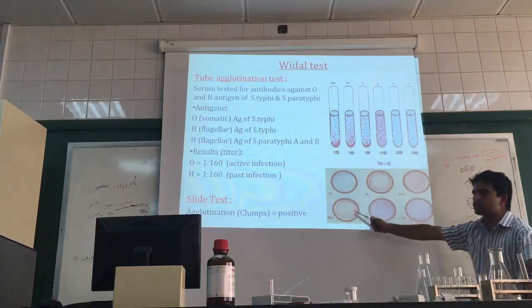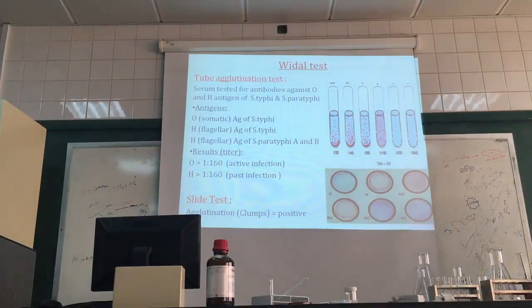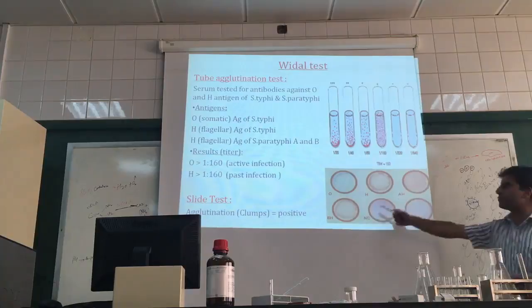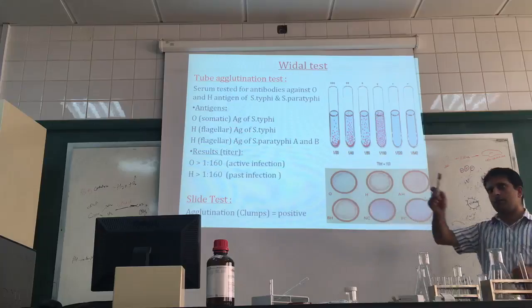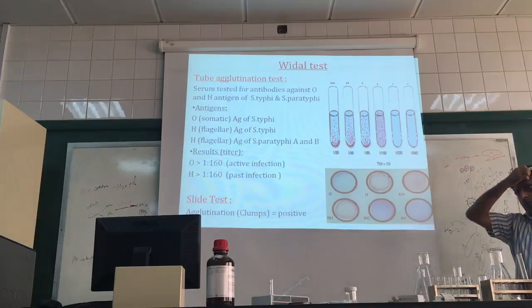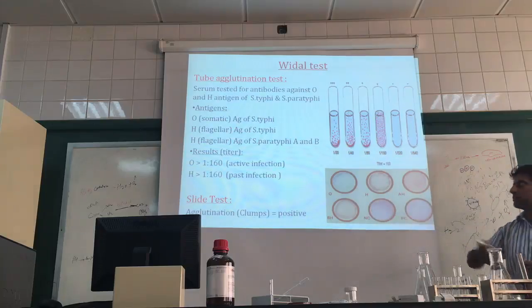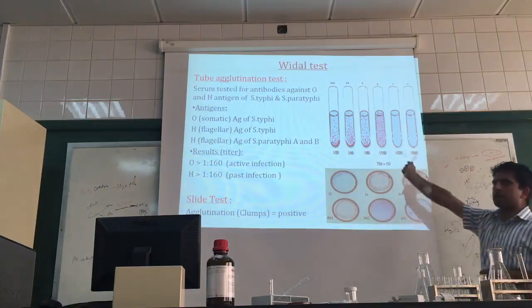In the para, it is also present. But in most patients you will not find the para strain present, though sometimes it is. The main infection in typhoid is because of Salmonella typhi. Now comes the serial dilution.